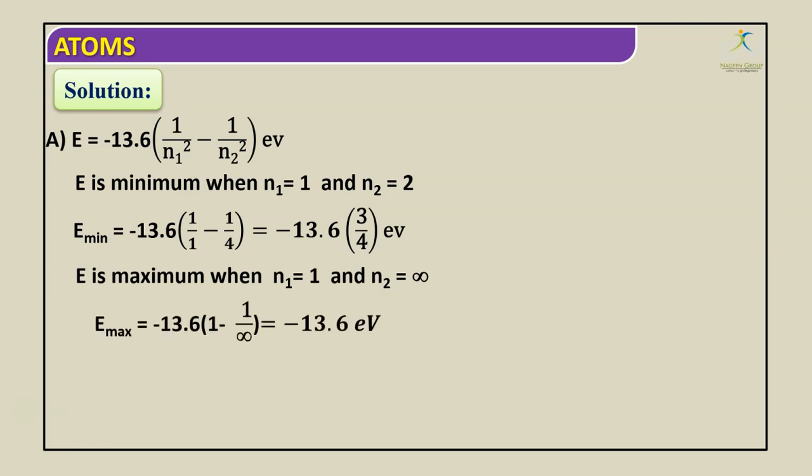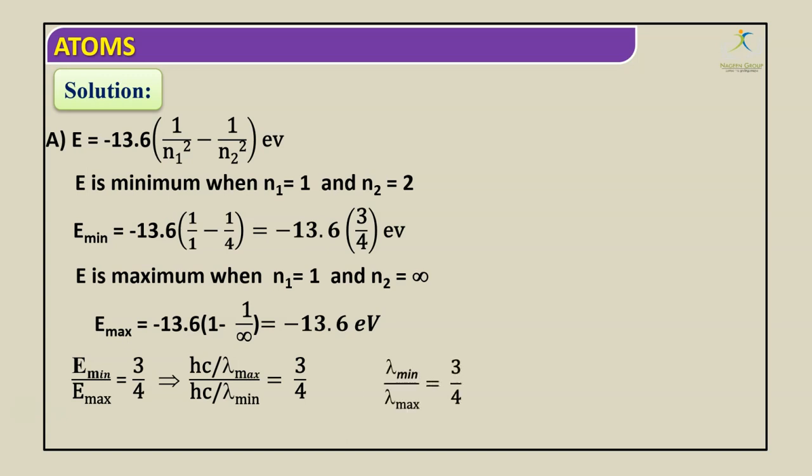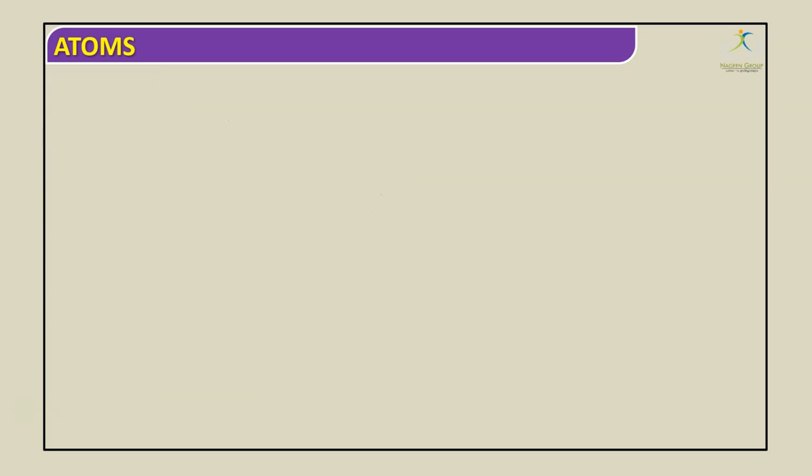E maximum will be equal to 13.6 times (1 by 1 minus 1 by infinity), which is equal to 13.6 electron volt. So E minimum by E maximum is equal to 3 by 4, which is equal to (hc by lambda max) by (hc by lambda min), which is equal to 3 by 4. So lambda min by lambda max is equal to 3 by 4. This is the correct option for the first one.